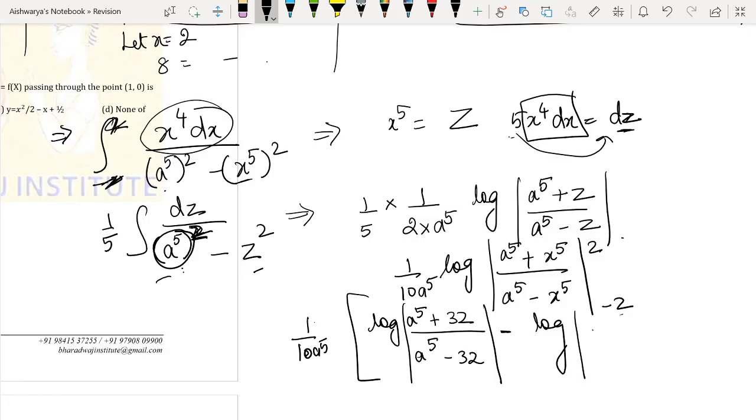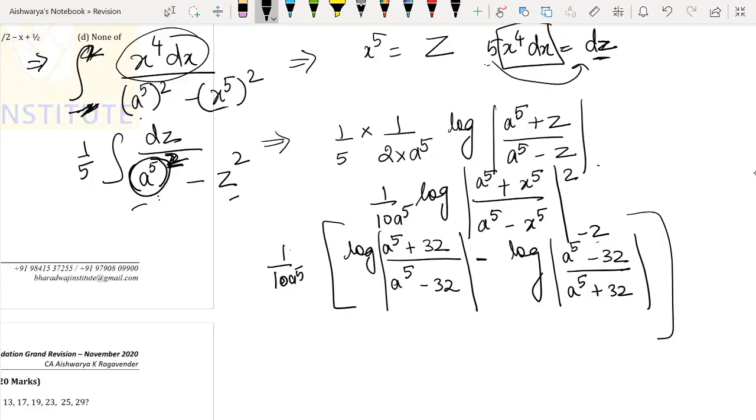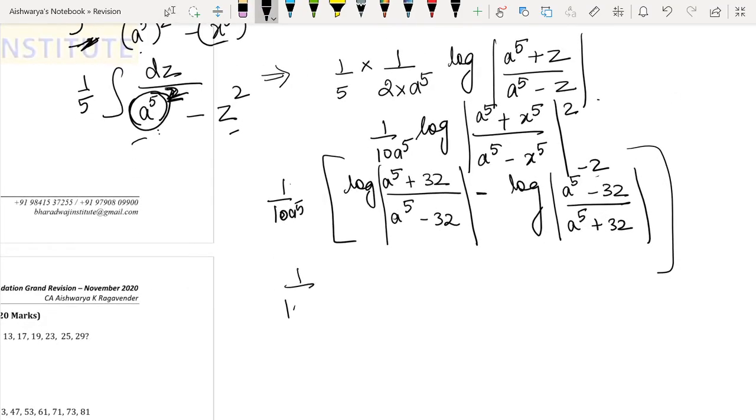A term will be nothing but a power 5 minus 32 divided by a power 5 minus of minus plus 32. This is what we have. Now when we open this up, what happens is 1 by 10 a power 5, this is in the denominator, so it will become minus.